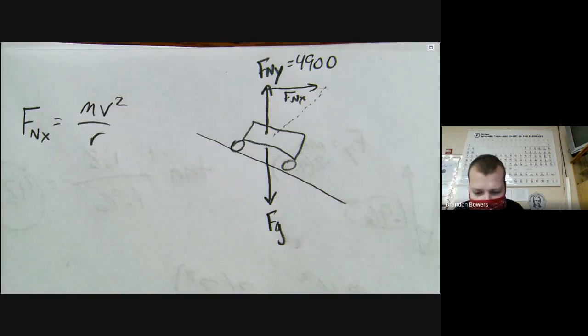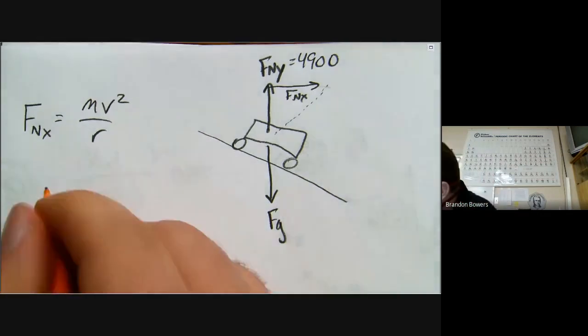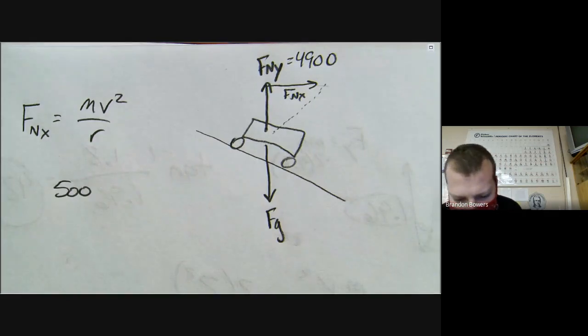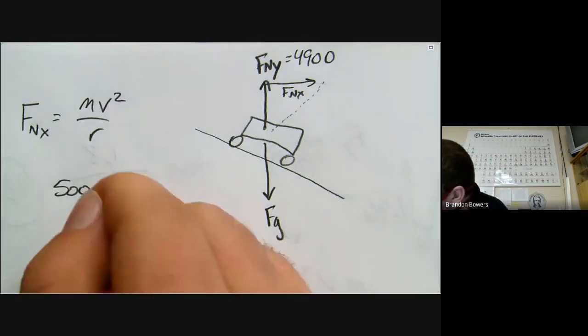Okay. Now from that, let's see, what all do I know? Okay, so I know my mass. My mass is 500. It says, what speed am I going at? Okay, so I'm solving for v squared.